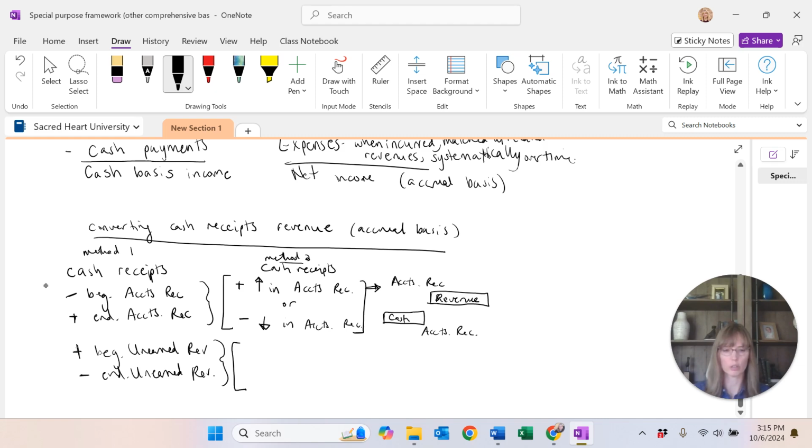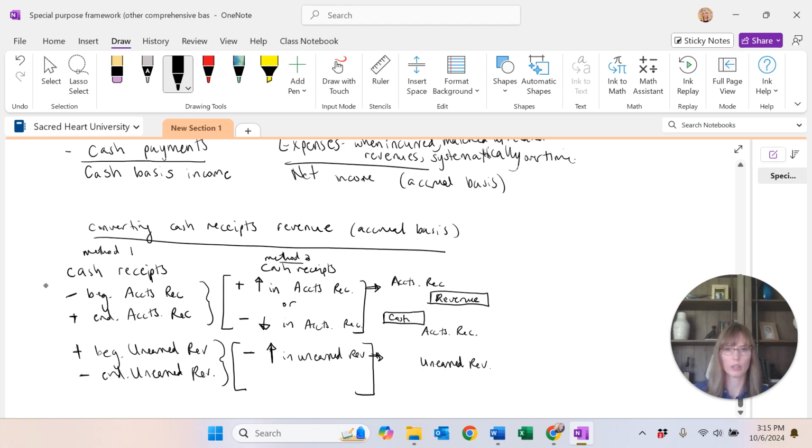Okay, our changes in unearned revenue, we say we subtract an increase in unearned revenue, because if unearned revenue went up, then what happened? If the unearned revenue liability account went up, we'd have to credit unearned revenue.